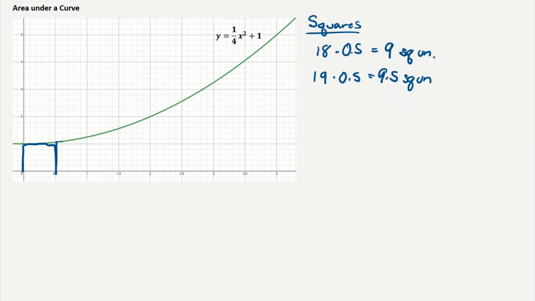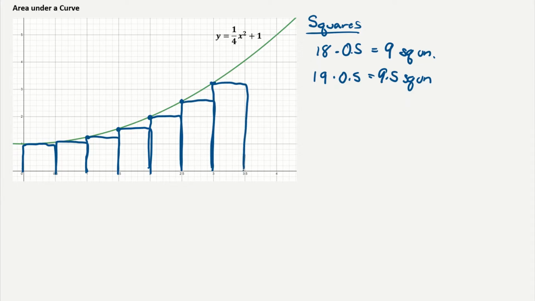But this time, when I do my rectangles, I'm going to make the corner of it go up to the curve like this. So that defines my height. I keep drawing it so that the left corner goes up to the curve. And we go like that. I like that. They're all underestimating it, but they're getting pretty close to the curve.